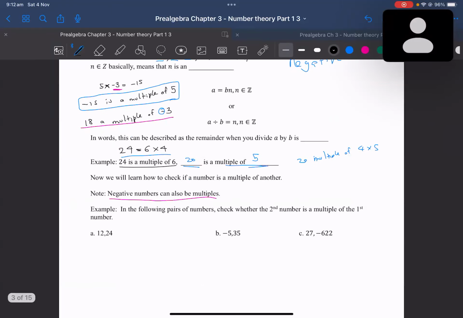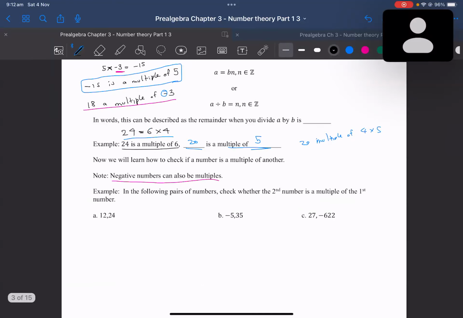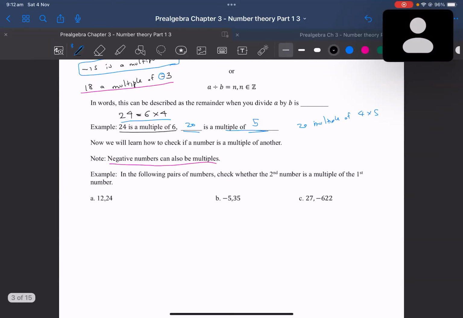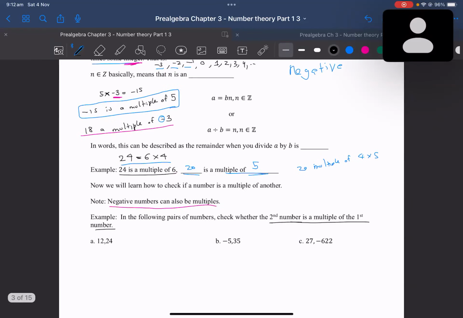So now we'll do some questions together, where we check if the second number is a multiple of the first one. Before, we only saw numbers that are multiples. How do we know with big numbers, right? Because we can sort of do this in our head with small ones. When we have big numbers, how do we check if it's a multiple or not?